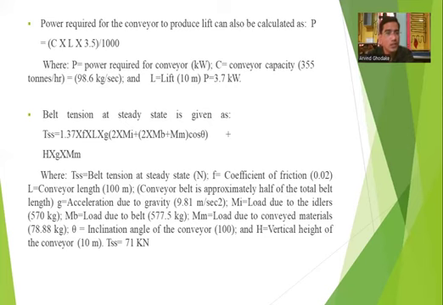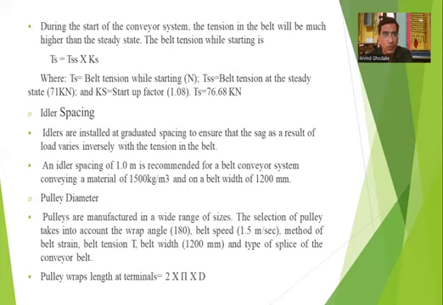That will be belt tension is equal to 71 kilonewton.